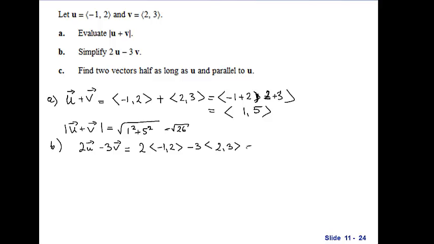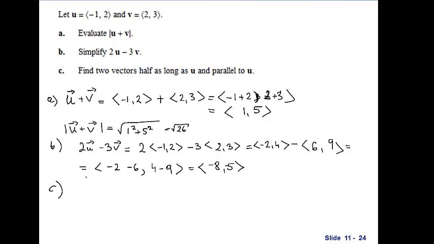I first do the scalar multiplication, so I'll end up with negative 2 and 4, because that's what I get if I multiply negative 1 and 2 by 2, and then minus 6 and 9. If I now subtract those, I'll have negative 2 minus 6 and 4 minus 9. Therefore my components are negative 8 and negative 5. This was fairly easy.